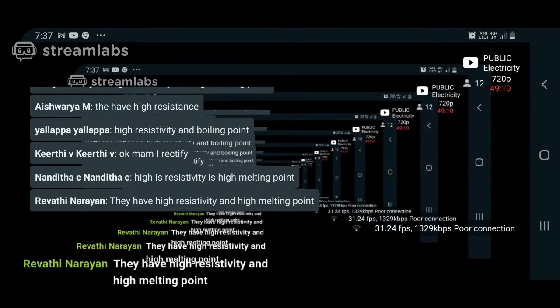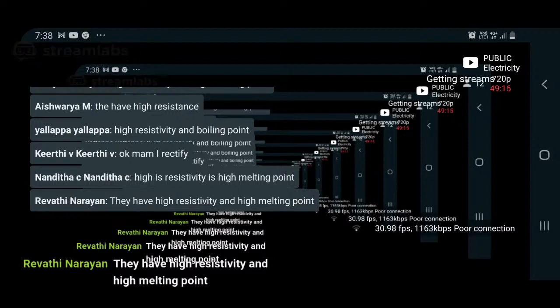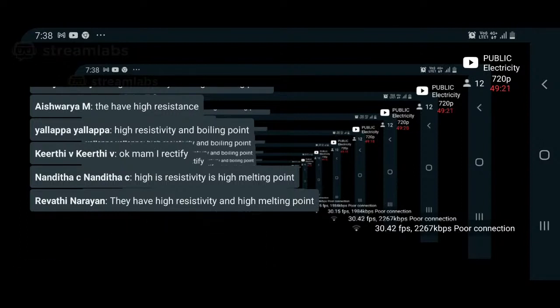Yeah, Revati, it is correct for the previous question about tungsten. Now I already gave the next question: why are alloys used in making heating devices?